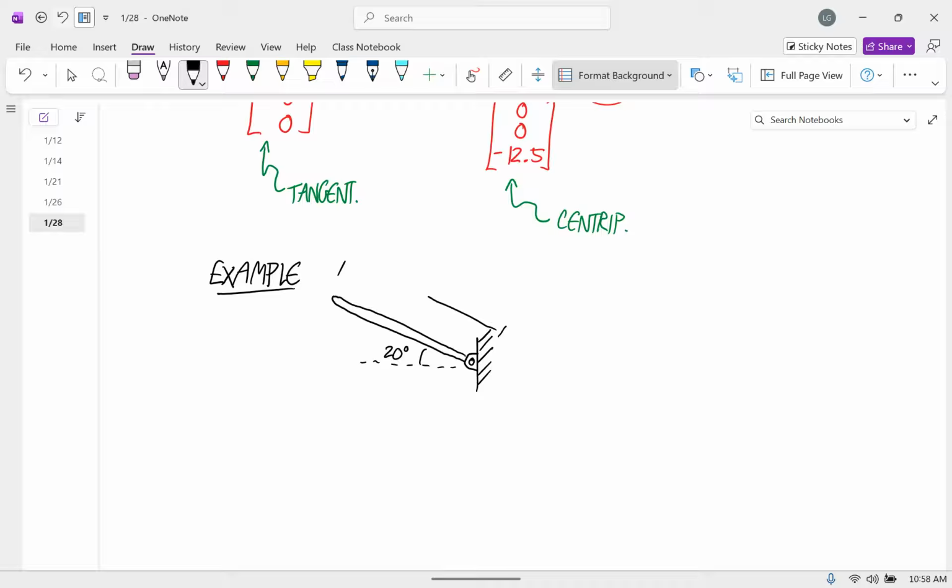The length of this bar is 1.5 meters. And let's say that the angular velocity is this way at 5 radians per second. And the angular acceleration is the other way at 15 radians per second squared.